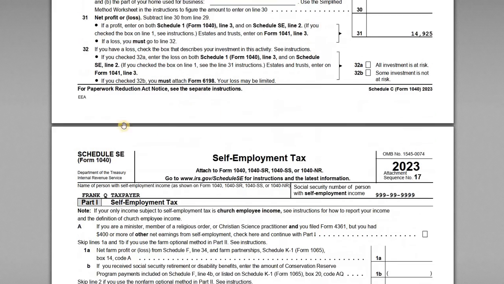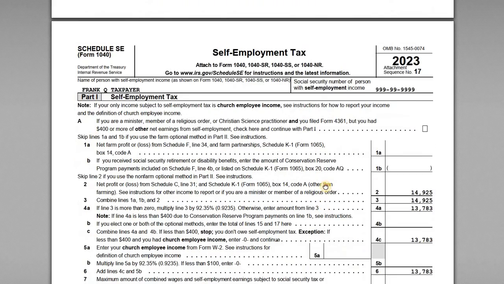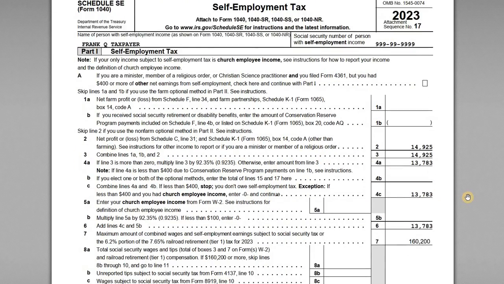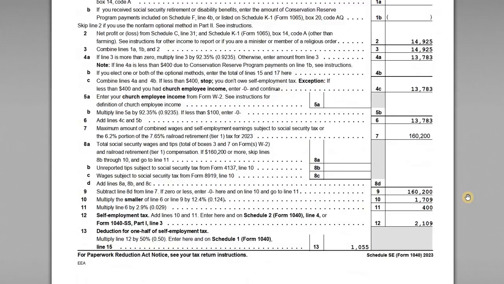Now, once you have the $14,925 available, the next step is to move on to Schedule SE to compute the self-employment tax. So the self-employment taxes, we need two numbers, right? We need to know how much is our total self-employment tax and what is the deductible part of our self-employment tax. And so that's these two values down here. So the total self-employment tax that Frank owes on his net profits is going to be $2,109.